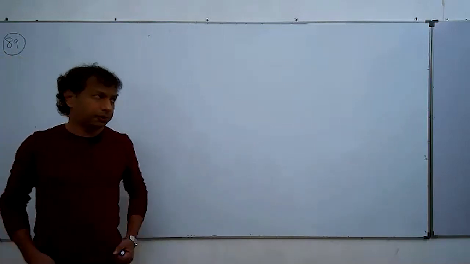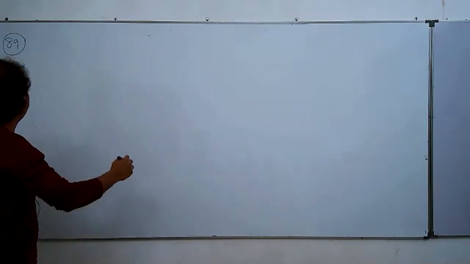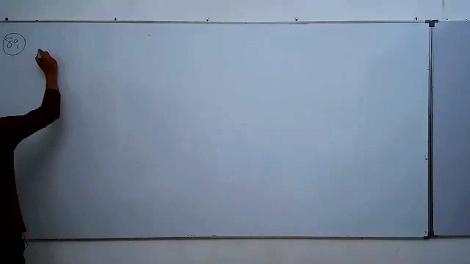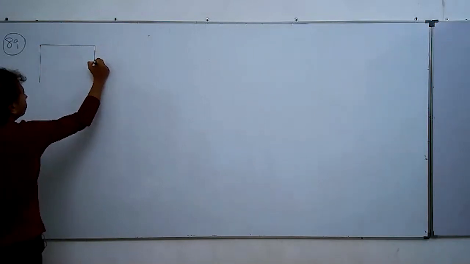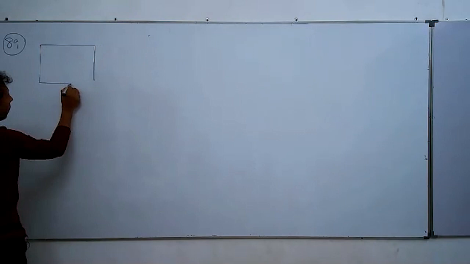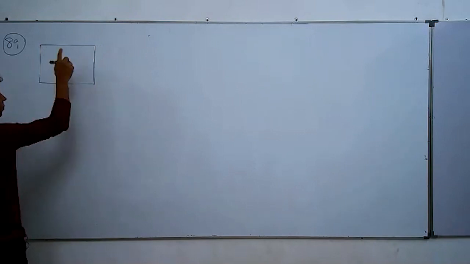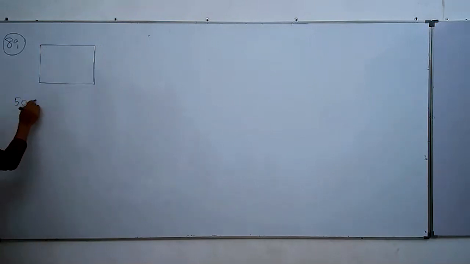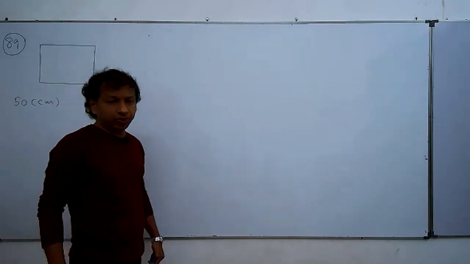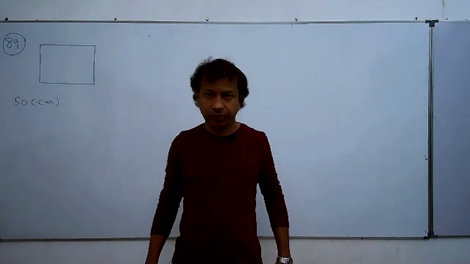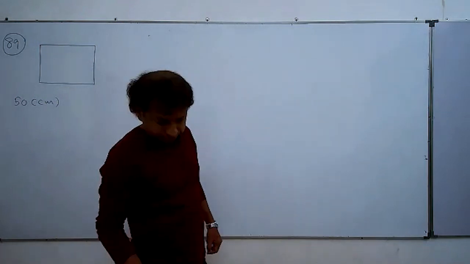Now people, suppose we are given to draw a rectangle whose perimeter should always be 50 centimeters, like this. This is a rectangle.